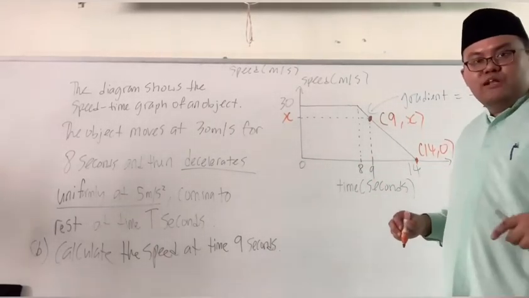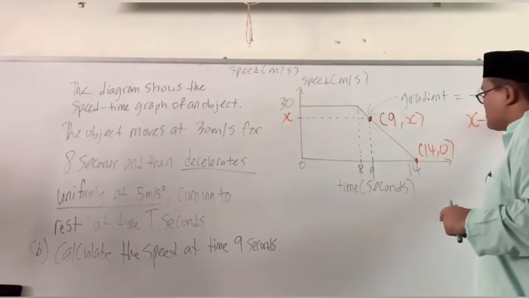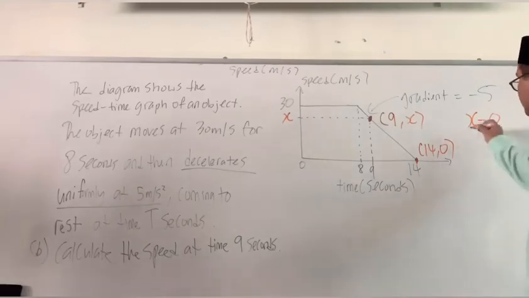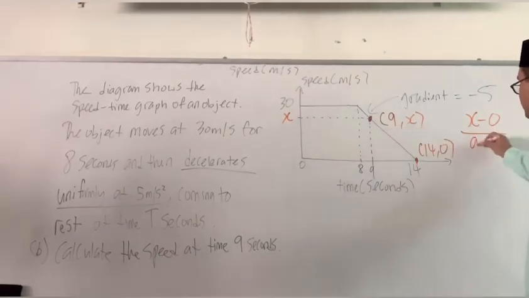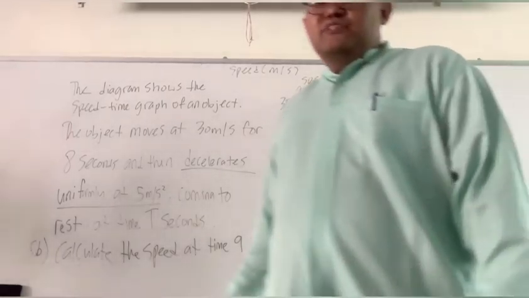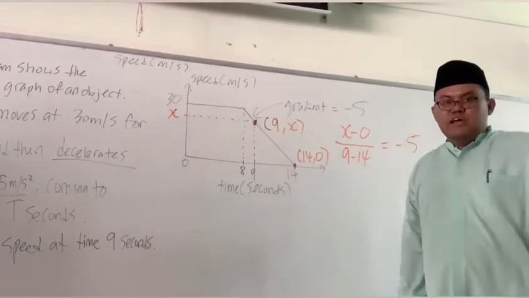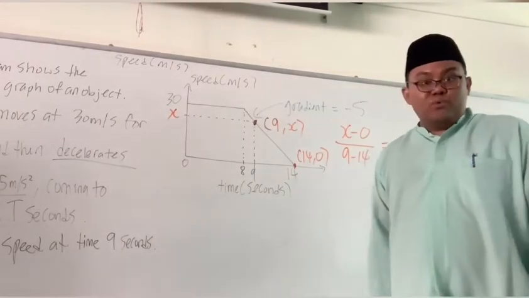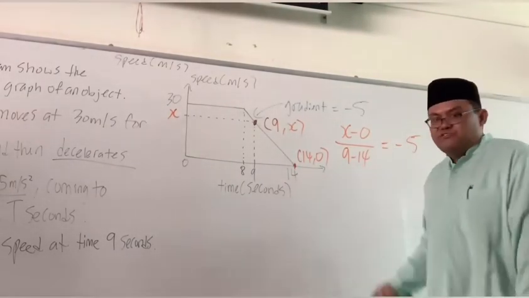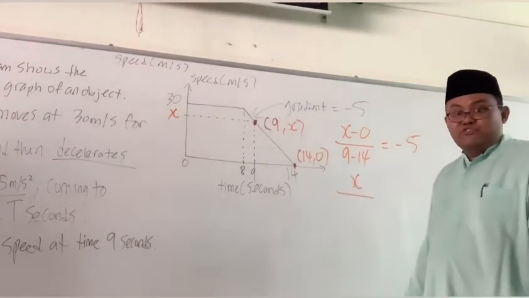Now apply the formula for gradient. y2 minus y1 over x2 minus x1. So x minus 0 over 9 minus 14 will give us -5. So that is the equation that we need to solve to find x, which is what we want. So x minus 0 is just x. 9 minus 14 is -5.